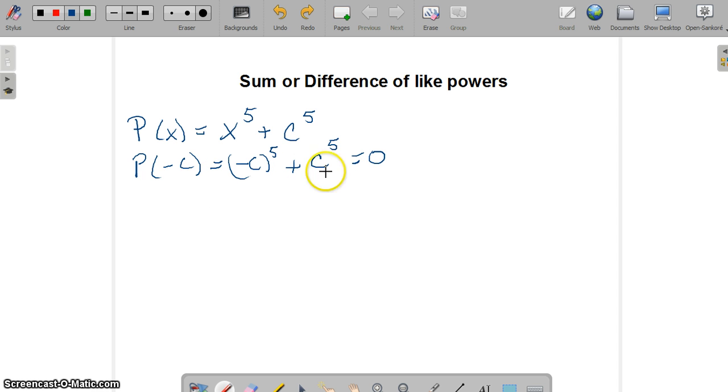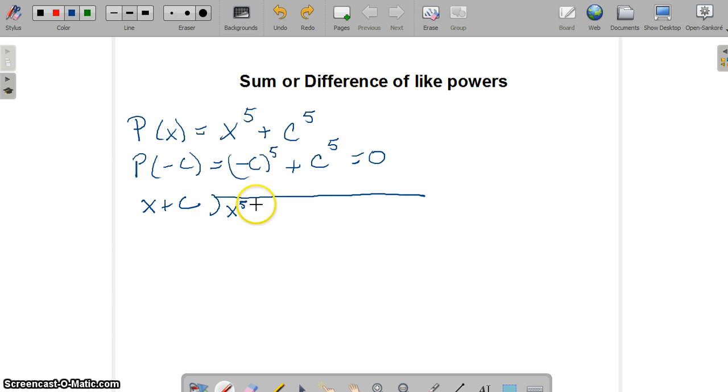If p of negative c is 0, then that means that x plus c is a factor. Okay? And if x plus c is a factor, I could divide it into that polynomial and get my result and see how it factors. I could do long division, meaning I could divide x plus c into this, but you've got to be careful.